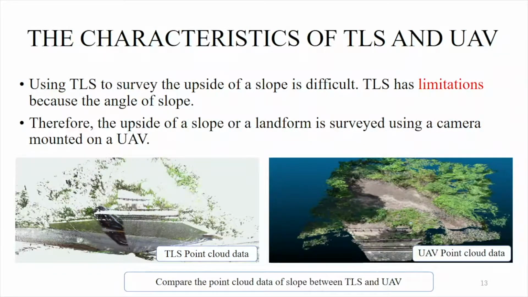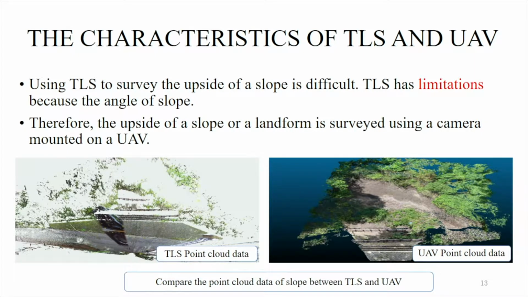According to our survey site, using TLS to survey the upper side of a slope is difficult. TLS has limitations because of the angle of the slope. Therefore, the upper side of the slope or landform is surveyed using a camera mounted on a UAV.